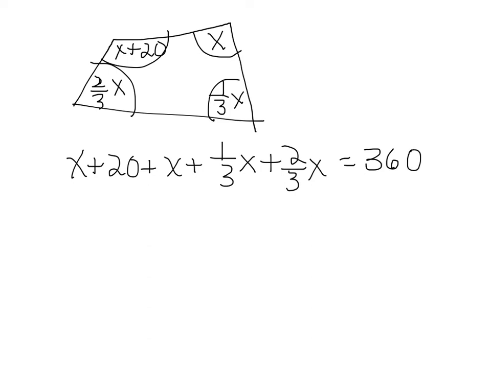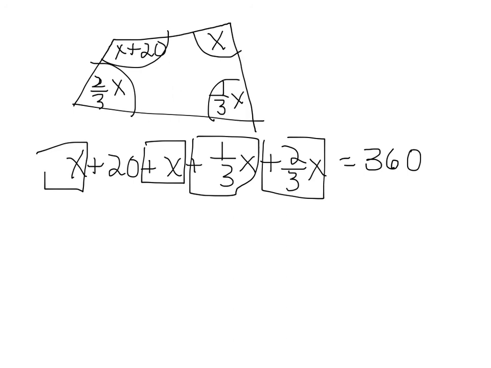Now I'm going to follow what we just learned about like terms in equations. I have 1x, 1x, and 1/3 of an x and 2/3 of an x. 1/3 and 2/3 is another 1. So I have 1, 2, 3 x's, and then plus 20 is equal to 360.